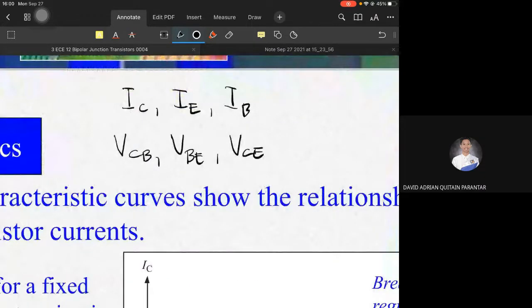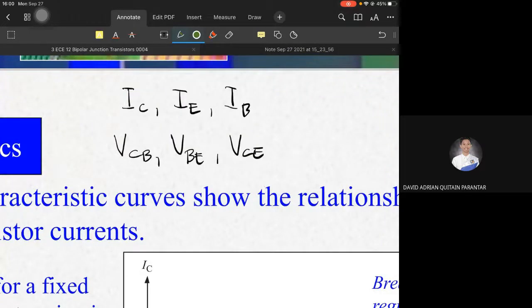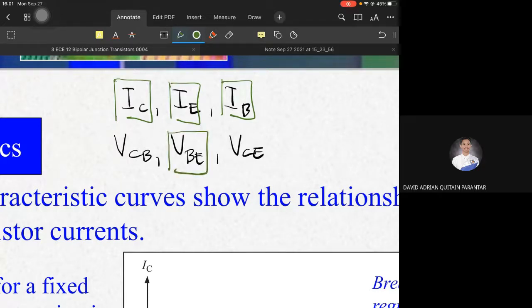So in analyzing a circuit, almost always we look for IC, IE, and IB. VBE, no need to solve, so memorize it.